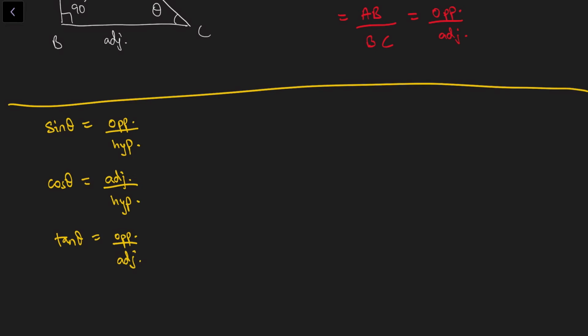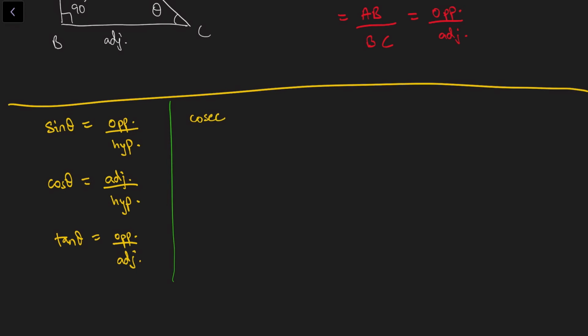Now there are three more functions which are reciprocals of these functions. By reciprocals I mean the multiplicative inverse. So you have the cosecant of theta.